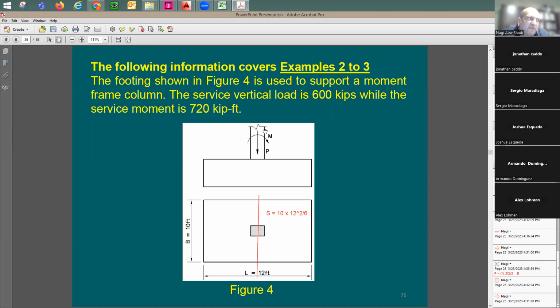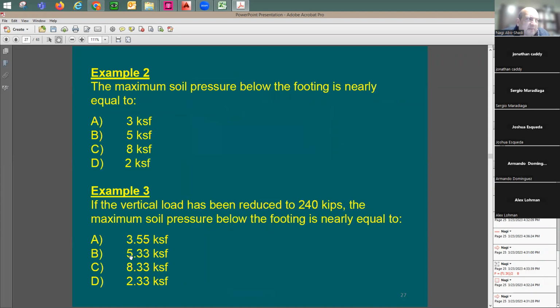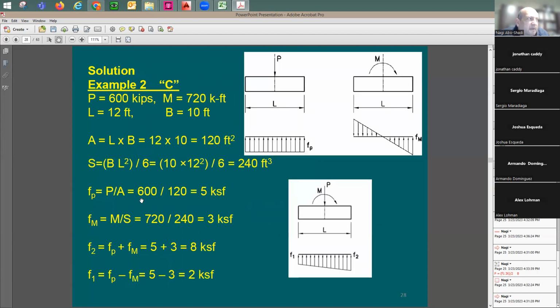In this case, the footing may be lifting up. This is the reason I have 2 examples. In the first one, I'm expecting that the soil is going to be in full contact with the footing. In the second one, the footing is going to be lifting up a little bit and the pressure may reduce on the left side.